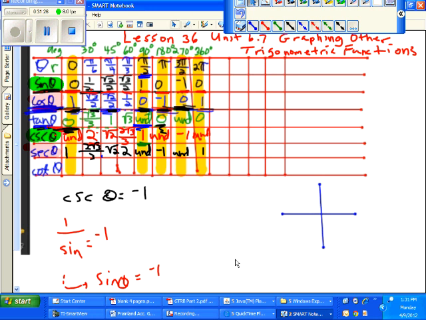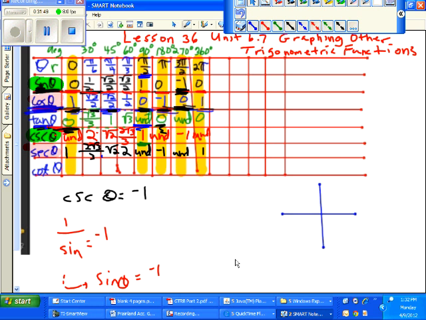Cosecant is the reciprocal of sine. And if I want the reciprocal of sine to be negative 1, that means I need sine to be negative 1. So we're thinking, well, where is sine negative 1? Well, the sine is negative 1 at 3 pi over 2.